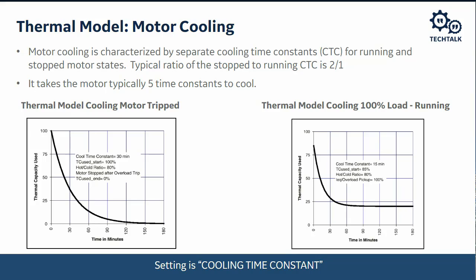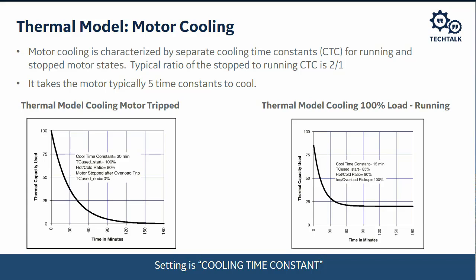Now the other graph on the far left, that's the cooling time constant, or the motor cooling when it is stopped. Now we expect that to be longer because it will cool faster when the motor is running, because there'll be fans blowing on it, because there's usually fans on the shaft. So expect it to cool faster when it is running, but we expect it to cool to a higher value.